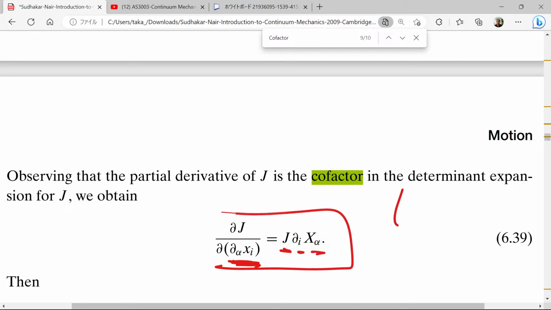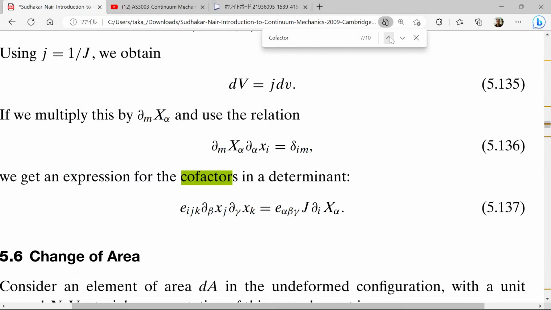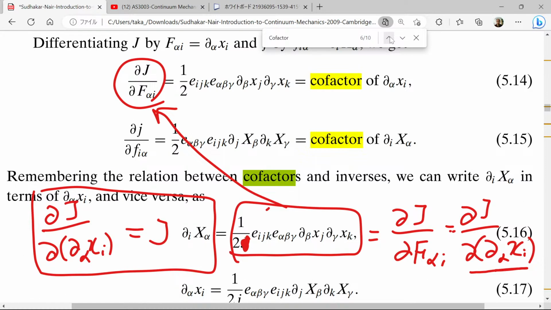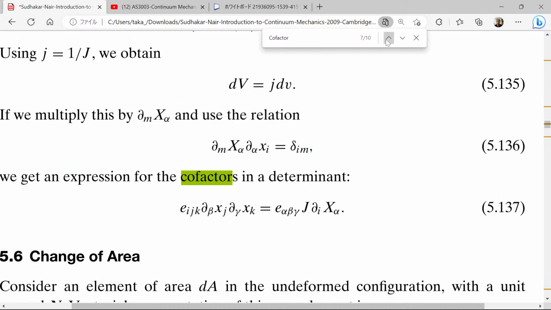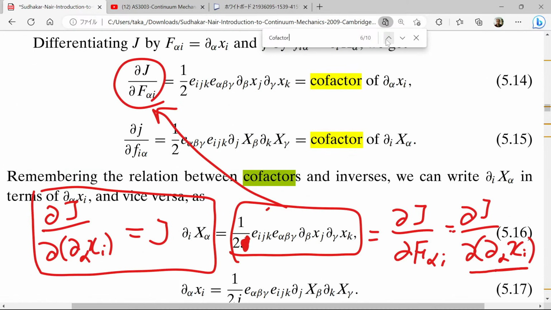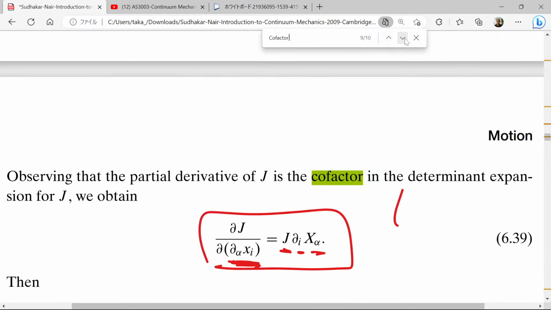So this one we have done. Let me say what is this? 116. I don't know. 516, sorry. We obtain this from 516.